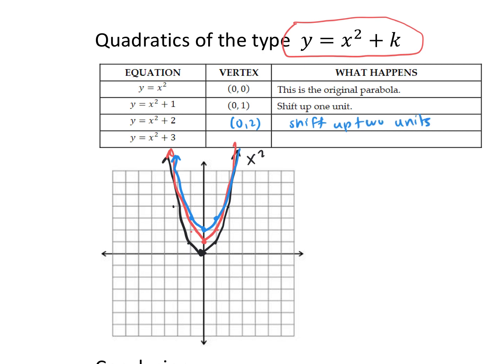And then finally, I'll do x squared plus 3, so that's going to shift it up 3 units. So that will look like this. Same shape, except every point in that graph is going to be shifted up 3. So my vertex is now at (0, 3), and it's going to shift up 3 units.